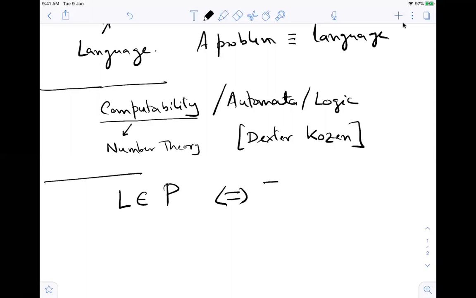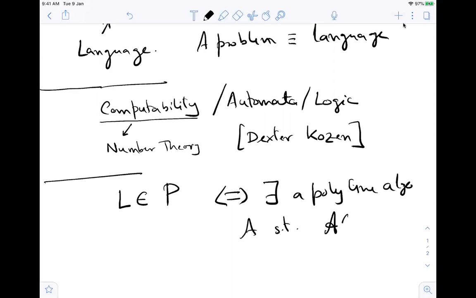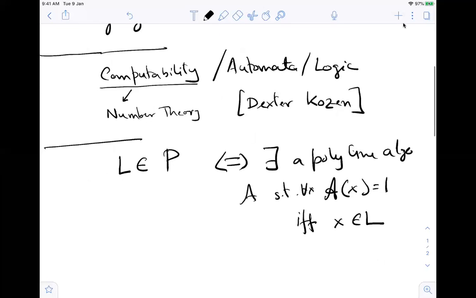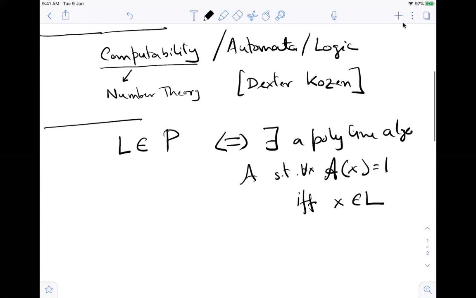Let's say there exists a polytime algorithm A such that for all X, A of X equals 1 if and only if X is in L. So basically it says that if the language is in P, there is an algorithm: you feed it X, and if X is in language L, it will output 1. If it's not in language L, it outputs 0, maybe.